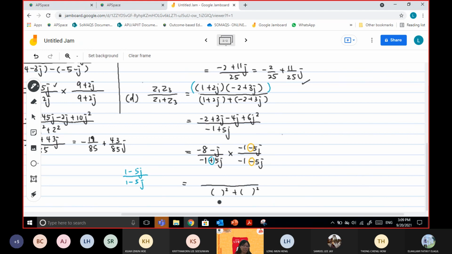No, you tell me first. As I said, what square plus what square? I want you to give me this number. So what is the real part?